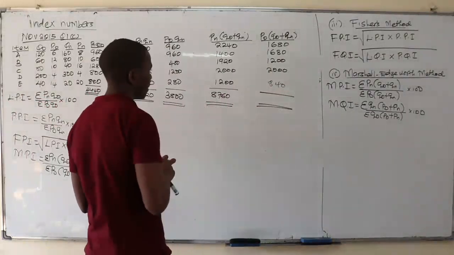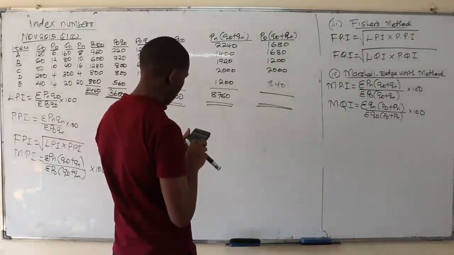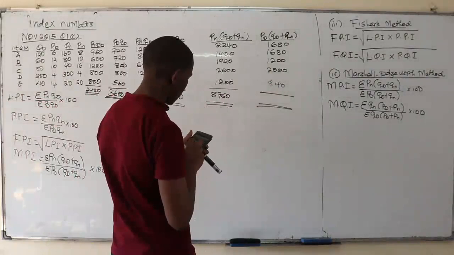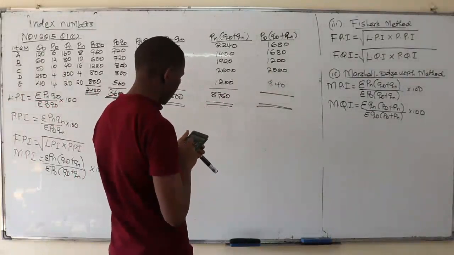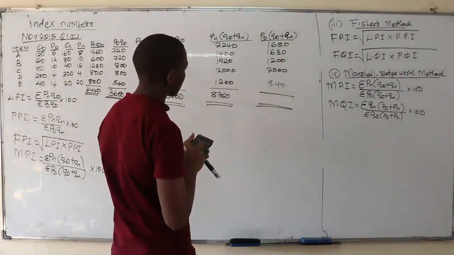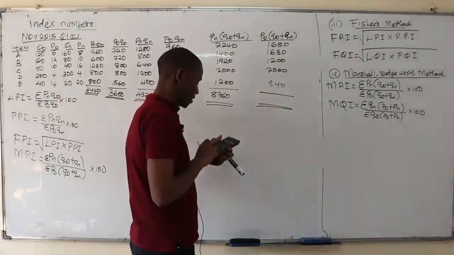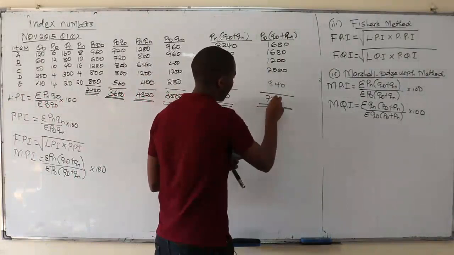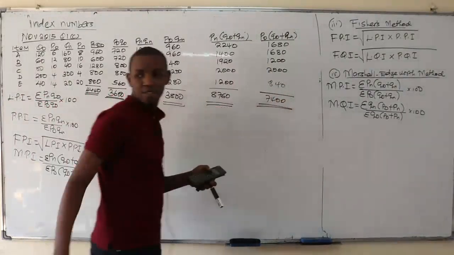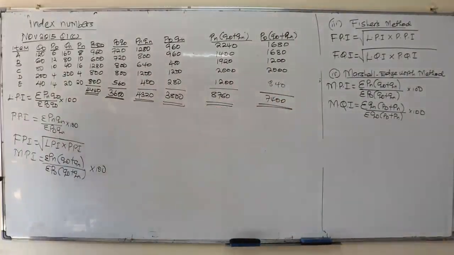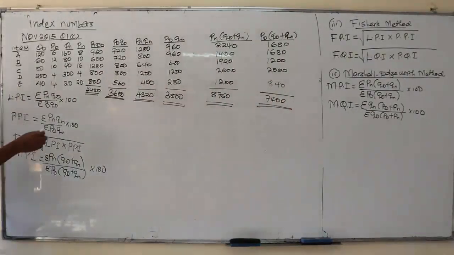With that now we can get the total: 840 plus 2000 plus 1200 plus 1680 plus 1680, which is 7400. Once you get those, you can now put them here.